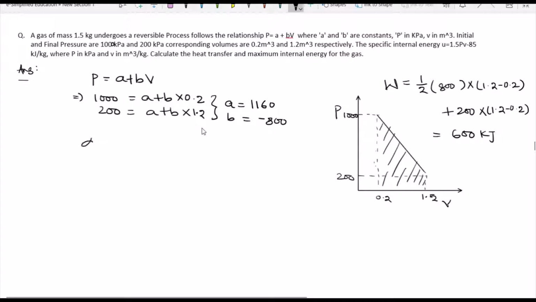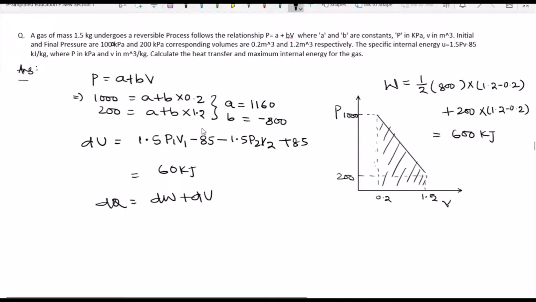So if you calculate dU, it will be 1.5 P1 V1 minus 85 minus (1.5 P2 V2 minus 85), then you will get the net change in internal energy as 60 kilojoule. So the net heat transfer will be dQ equal to dW plus dU, that will be 600 plus 60, which is 660 kilojoule.